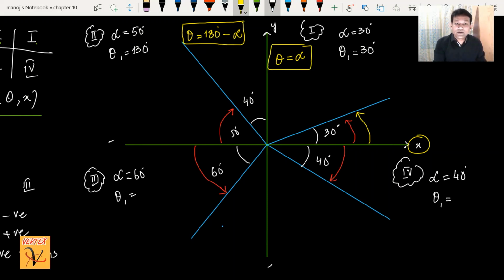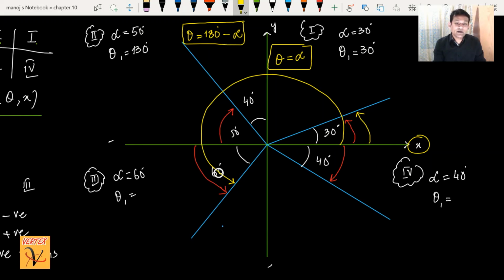Okay, I'm moving to the third quadrant here. To find the general angle, always move from the positive x-axis. So I will move from here. The total measurement is 180 plus 60, and you can see 60 is alpha. Alpha is 60.